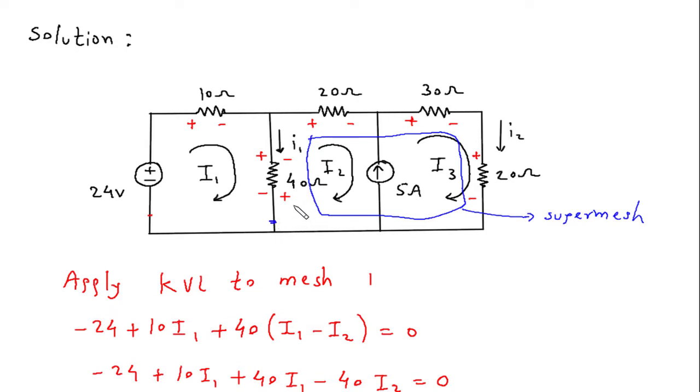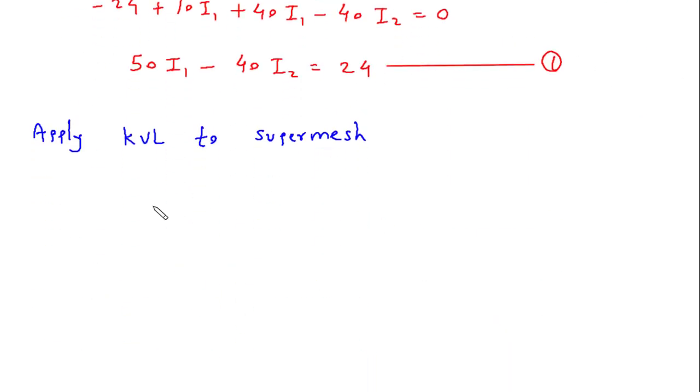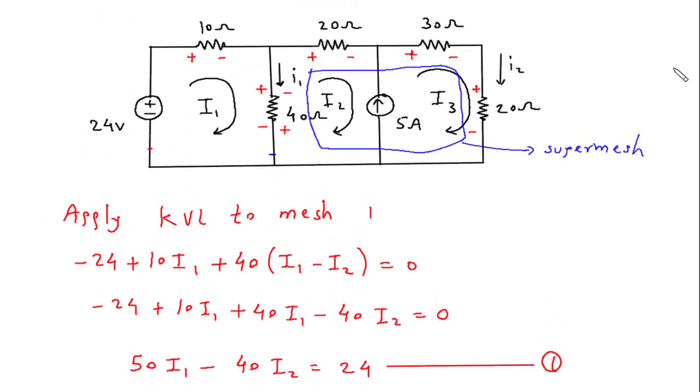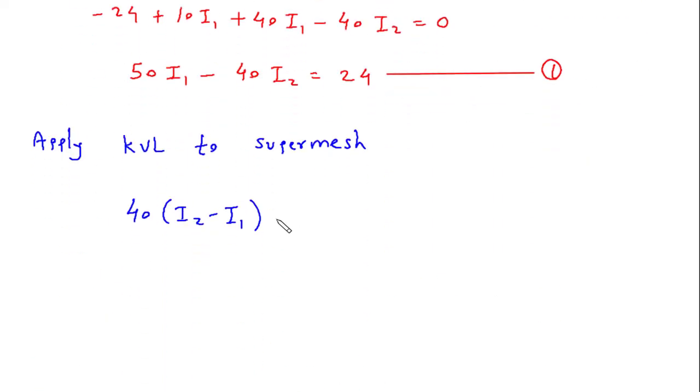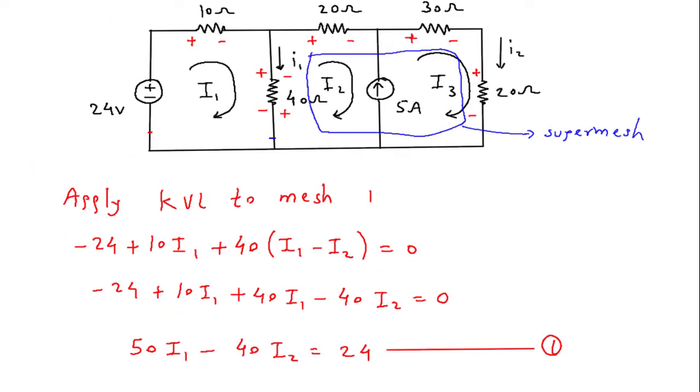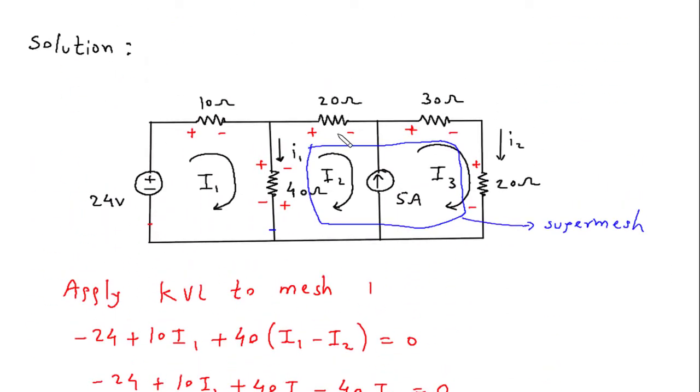So this will be positive 40 (I2 minus I1) plus 20 I2 plus 30 I3.